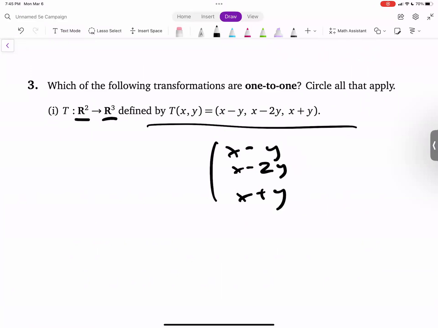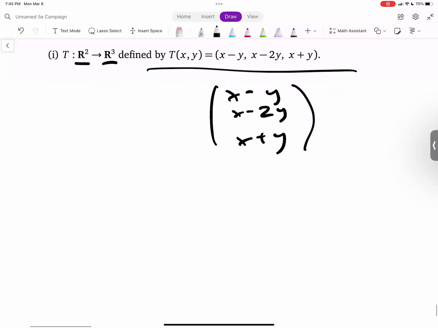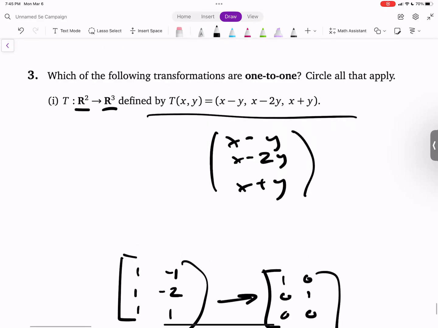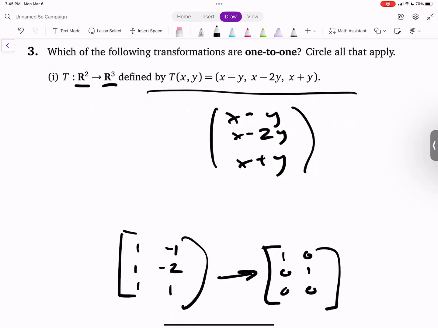Equations and variables. How do we like to write equations and variables in this class? In a matrix. So we can rewrite this as [1, -1], [1, -2], [1, 1], and it will row reduce to [1, 0], [0, 1], [0, 0]. Are there 2 pivots, a pivot in every column? Yes. So this is 1-to-1.